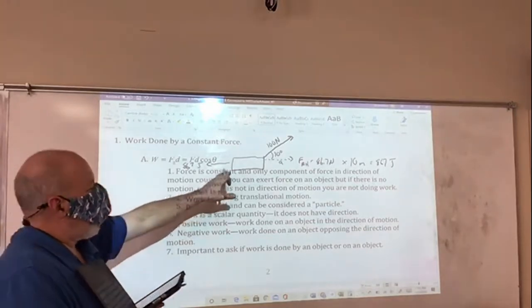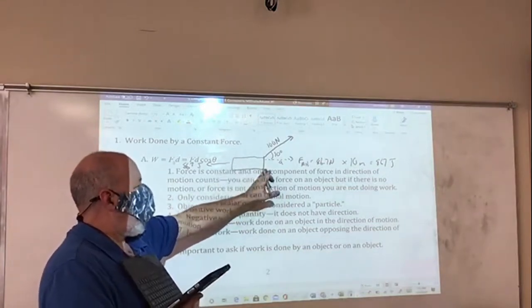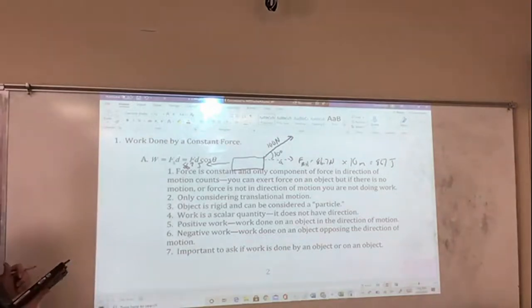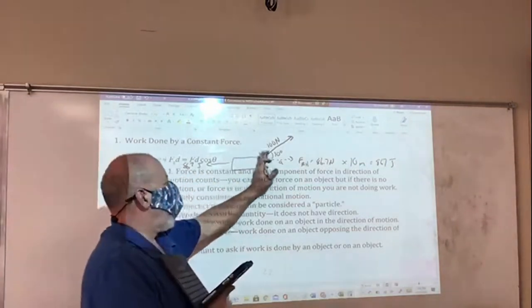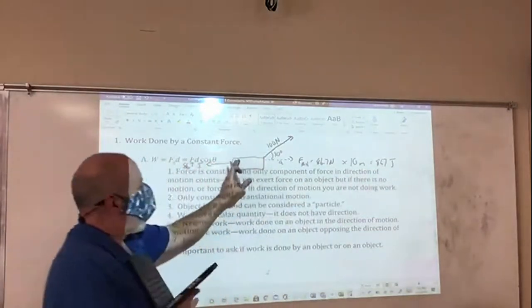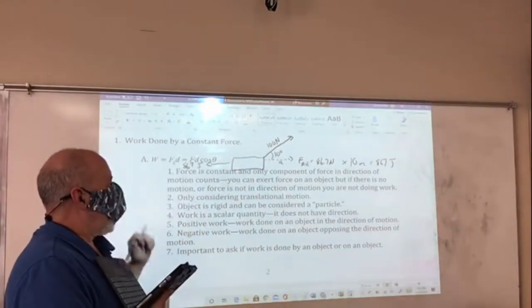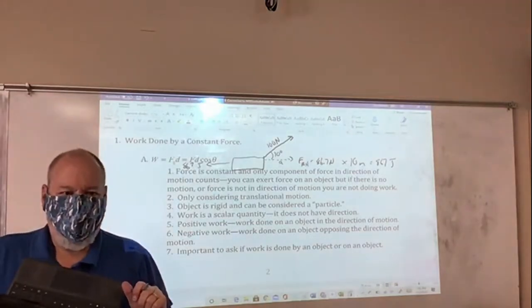Okay, now I'm clearly ignoring the fact that I had to get it up to a constant velocity and then it stopped after I stopped pulling on it. But while I was pulling on it, while I did this 867 joules of work, since I was going at a constant velocity with this, friction was doing exactly the same amount of work in the opposite direction on the box.